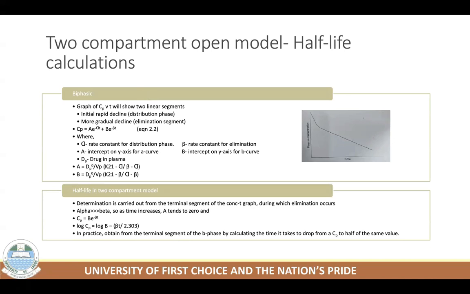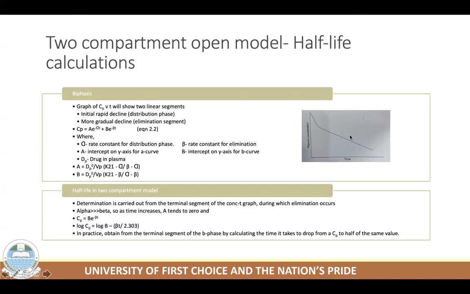Okay, an initial rapid decline here depicts the distribution phase from the central compartment through to equilibration with the tissue compartment, and then the second, much slower terminal phase represents the elimination segment of the drug.